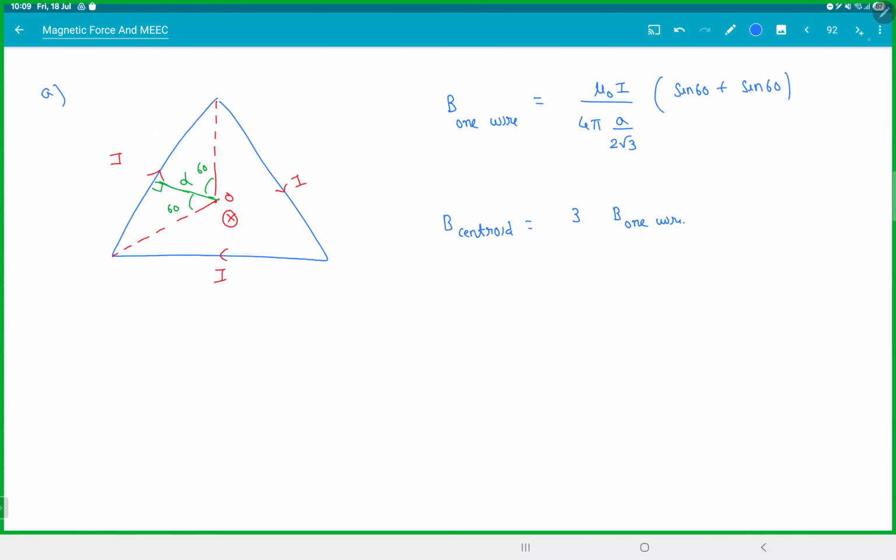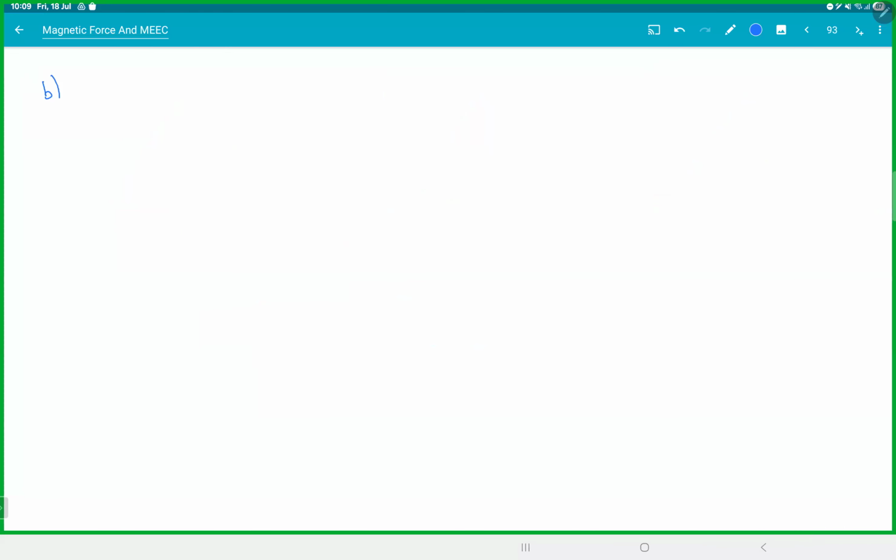Let's talk about B. First of all, let's see the triangle part. Now, there's no need to calculate anything. You will see something. So when the current I is entering here, we know current will split in the ratio of 1:3. So this will be I by 3 and I by 3. Now this I by 3 will give a field in the downward direction.